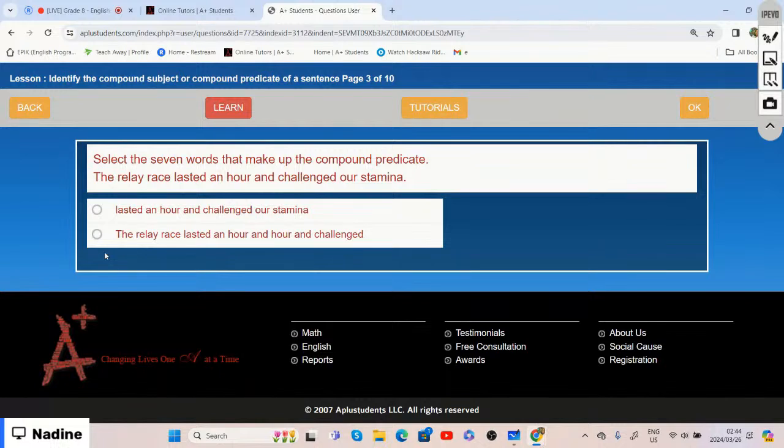Is it lasted an hour and challenged our stamina? Or the relay race lasted an hour and challenged?